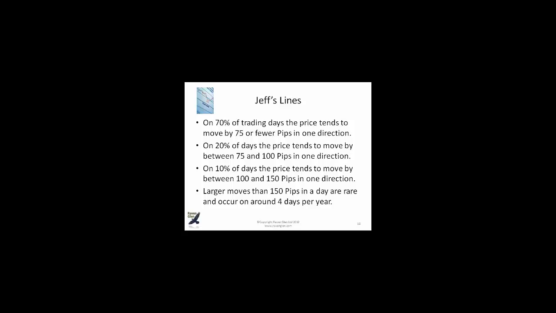There were larger moves than 150 pips in a single day, but they occurred in only 4 days per year. Obviously there's room for error, but it's going to be very few days in a year. And when it did, it tended to use the 200 pip line away from the previous night's opening price as a pivot point on those occasions.